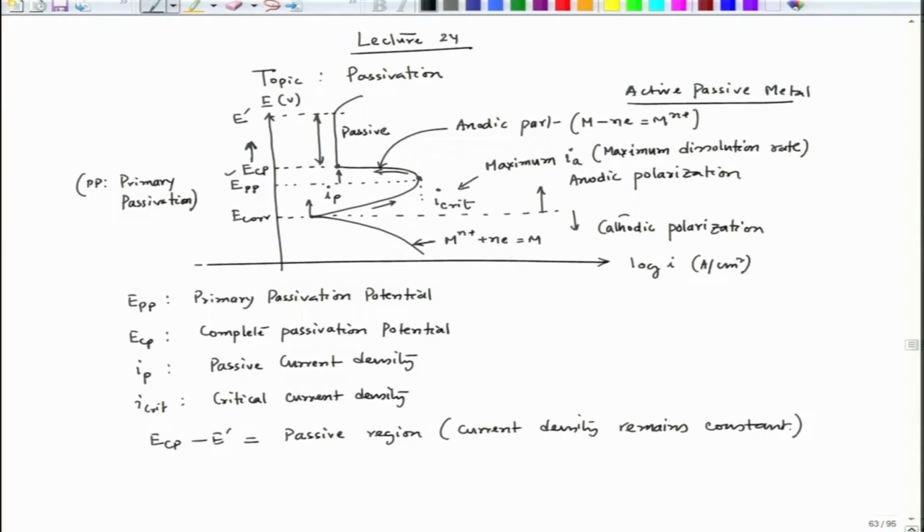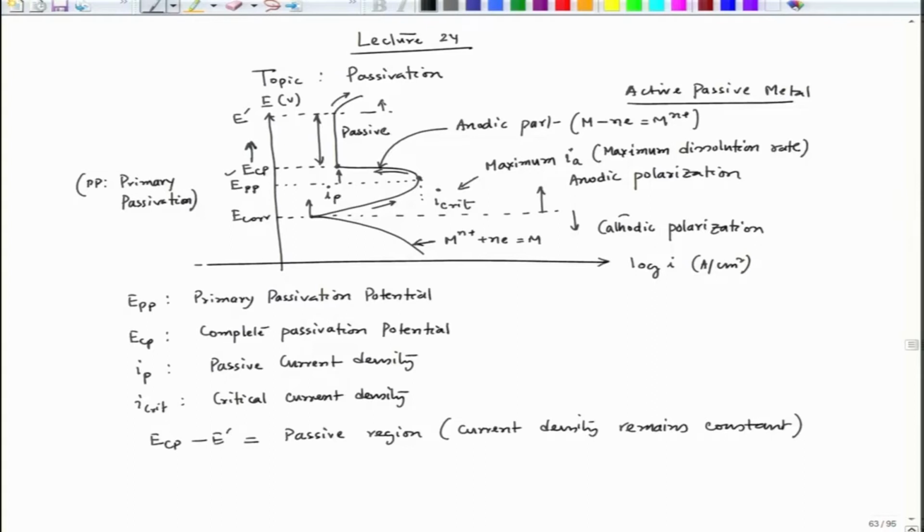Now, beyond E prime, if we increase the potential further, I could see that the plot is moving rightwards again.